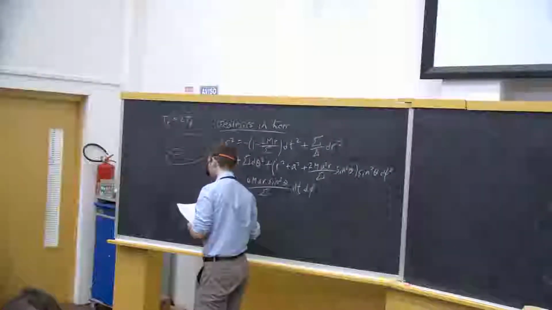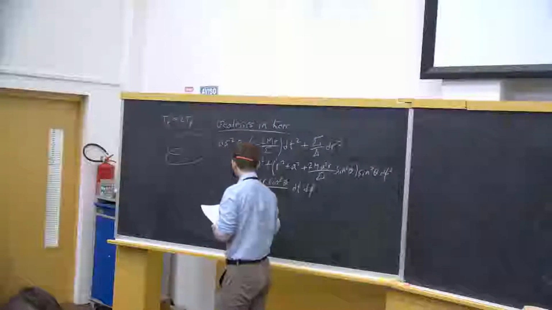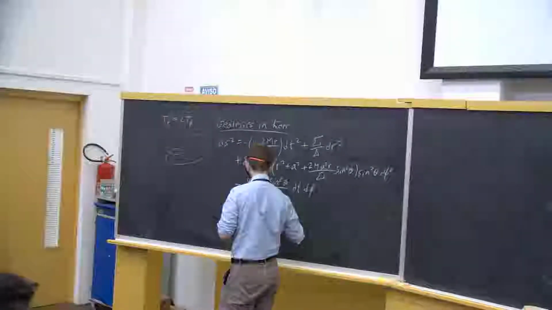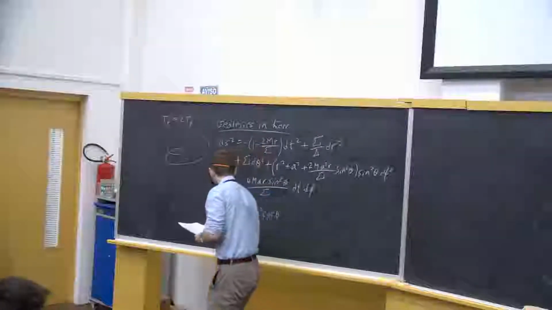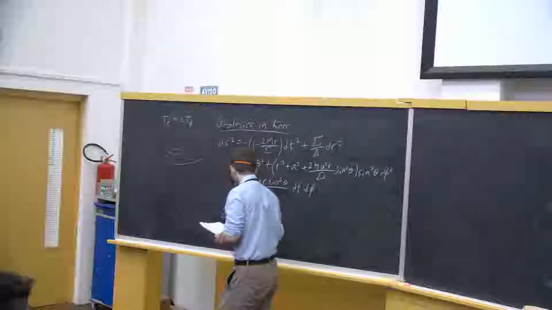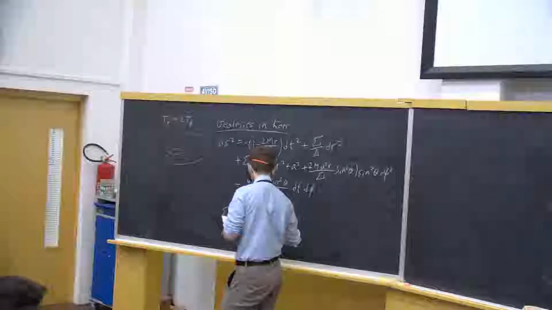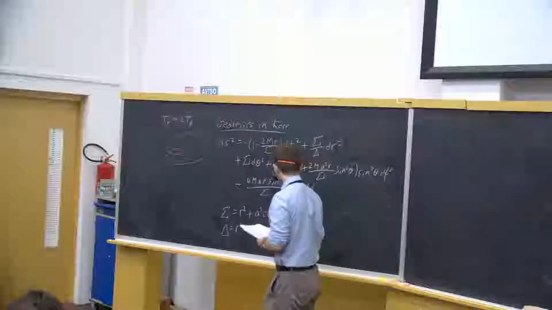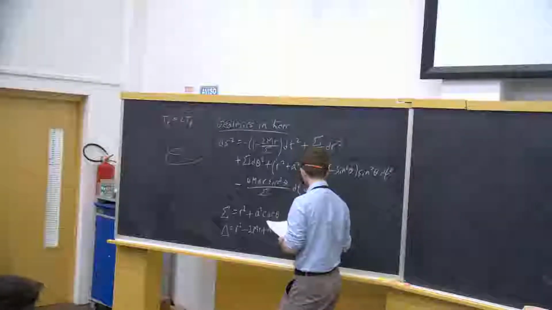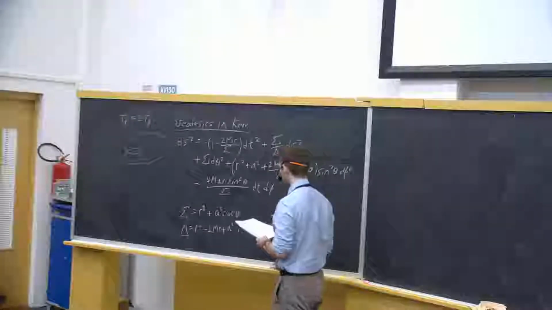This quantity sigma is r squared plus a squared cos squared theta. Quantity delta is r squared minus 2m r plus a squared, and a is the spin angular momentum of the big black hole divided by its mass.